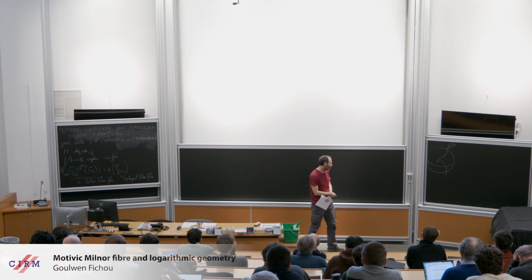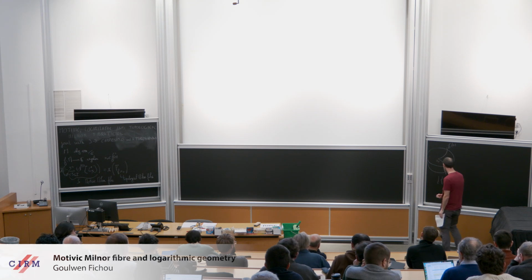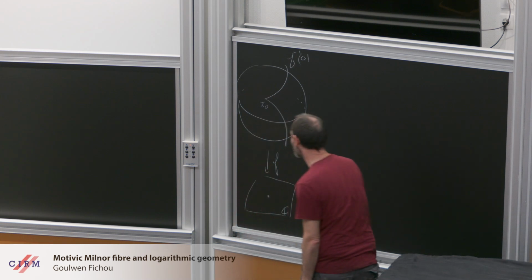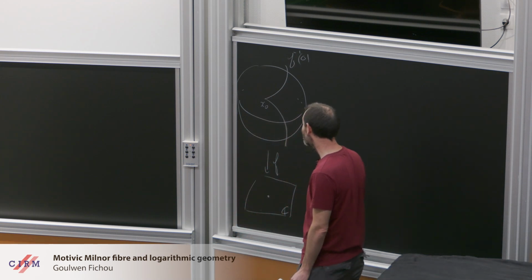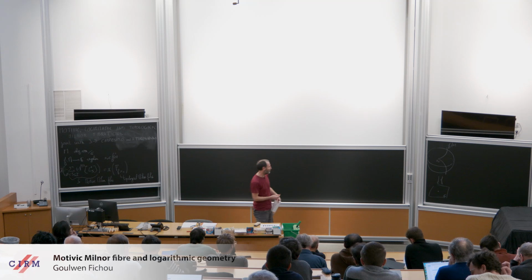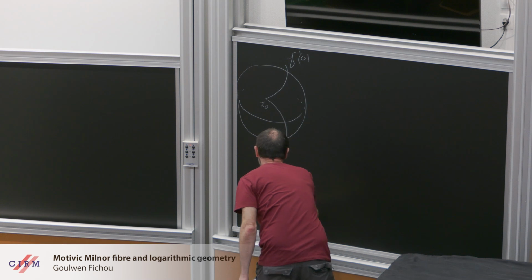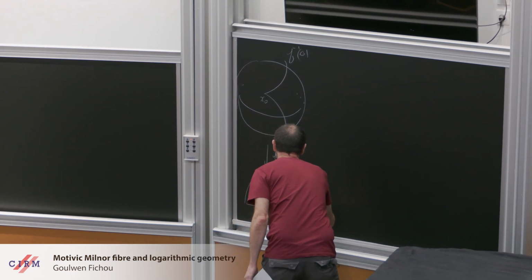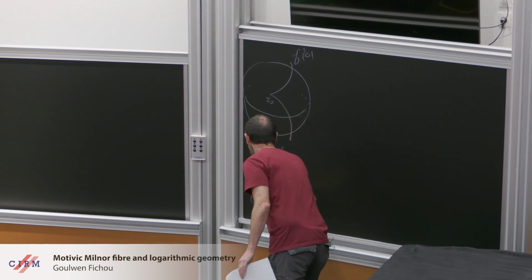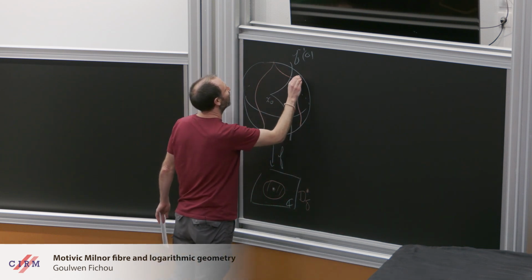Around x0, and so Milnor's fibration theorem says that, let's say this goes to C. So you have 0 here, and if we restrict to some small enough disk, with some radius, say delta, and you remove the origin in the disk, then you have some kind of tube above this disk.